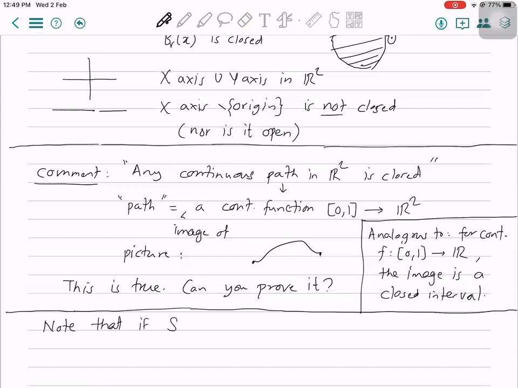If S is a subset of A, then S itself has a collection of open and not simultaneously open sets.